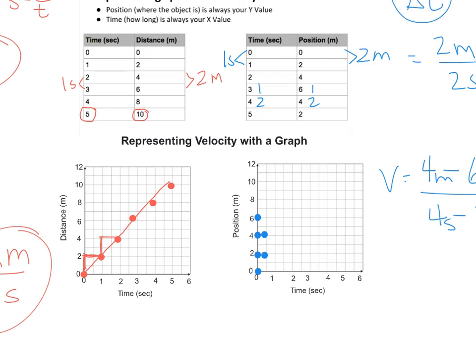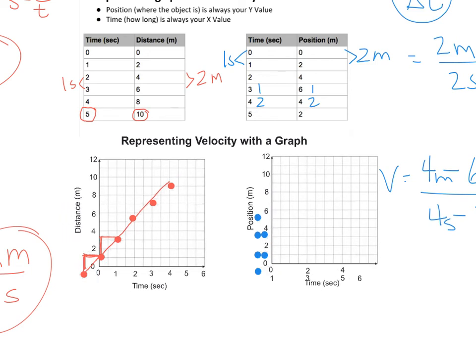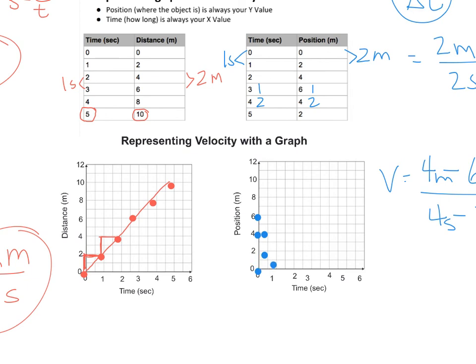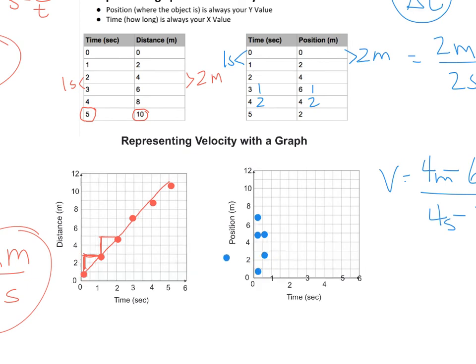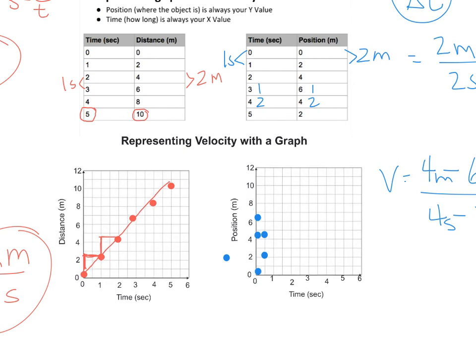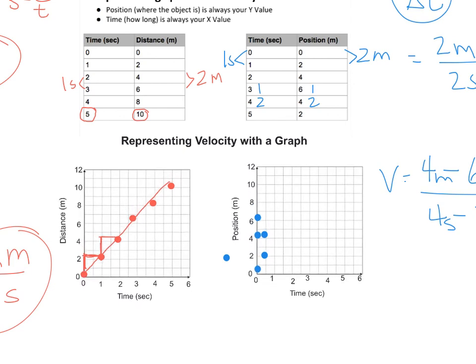So 0, 0 was our origin. At 1 second, we were at a position of 2 meters. At 2 seconds, we're at a position of 4 meters.